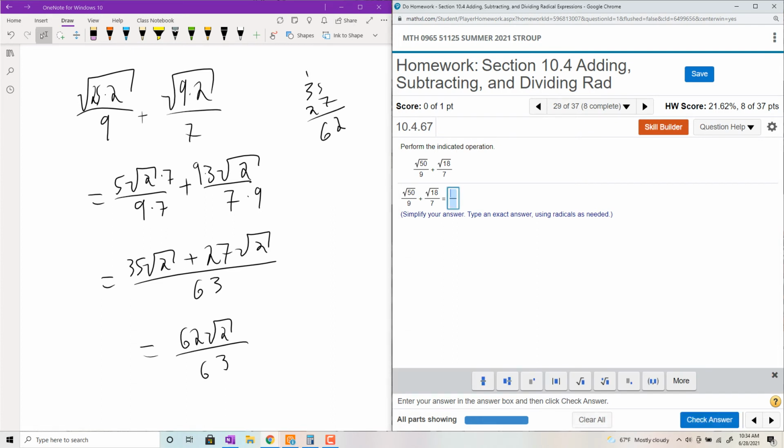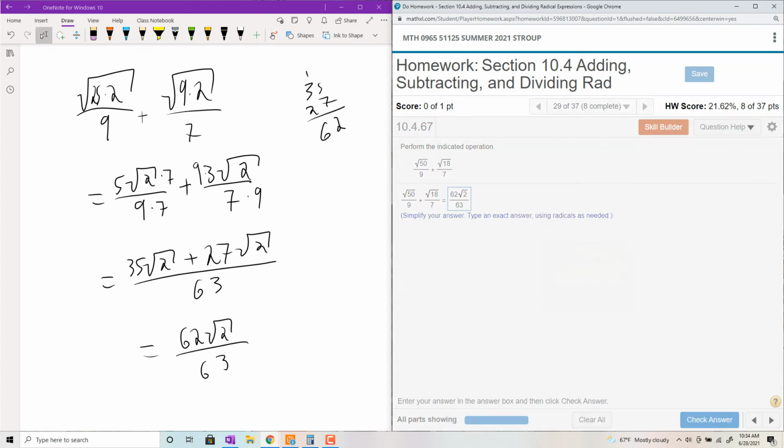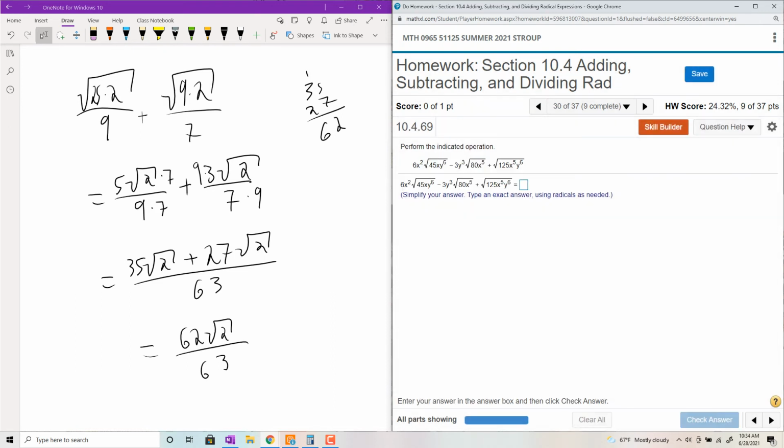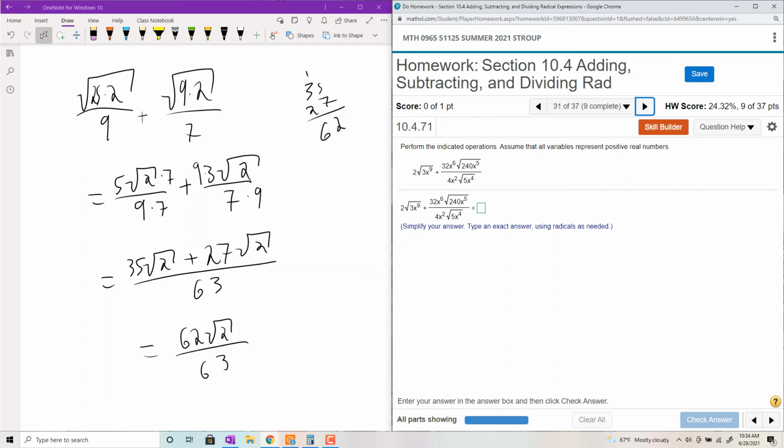So fraction 62 backslash sqrt 2 all over 63. Looks good. Simplify first. There's probably some common factor. It's just more complicated. So they're making them harder and harder, right?